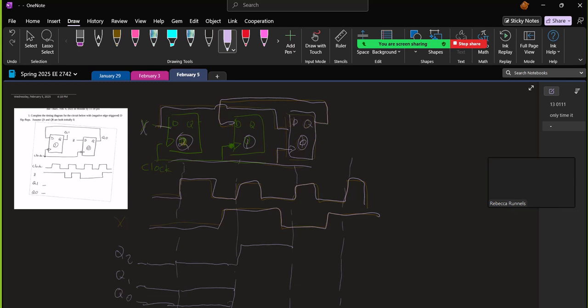So Q1's input is Q0, which is 0. Even though Q0 is about to change, it hasn't changed yet, so Q1 is still 0. Q0, its input is X. X is 1, so it changes to 1.